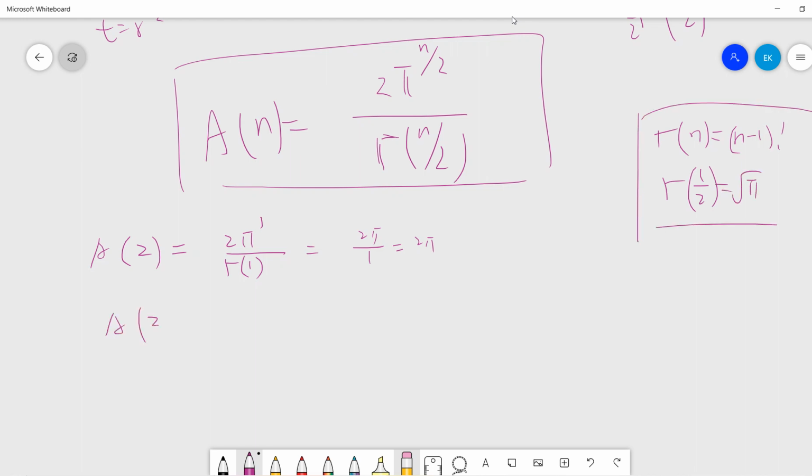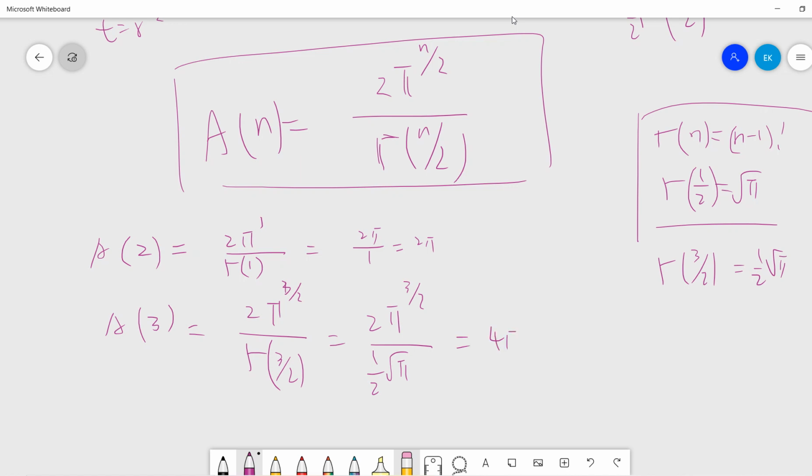So A of 3 is just 2 times pi to the 3 over 2, divided by gamma of 3 over 2. Gamma of 3 over 2 is just half times square root of pi, so this is just 4 pi. This coincides with what you know.